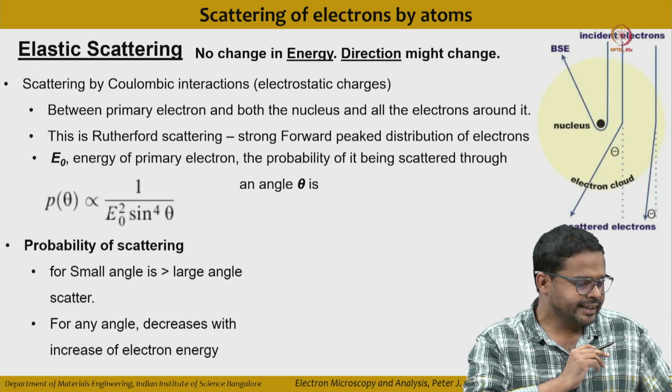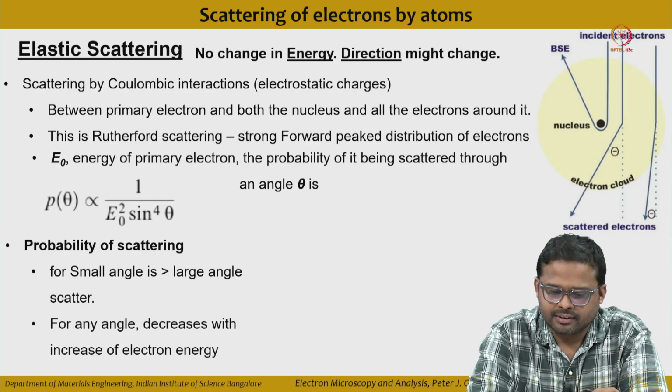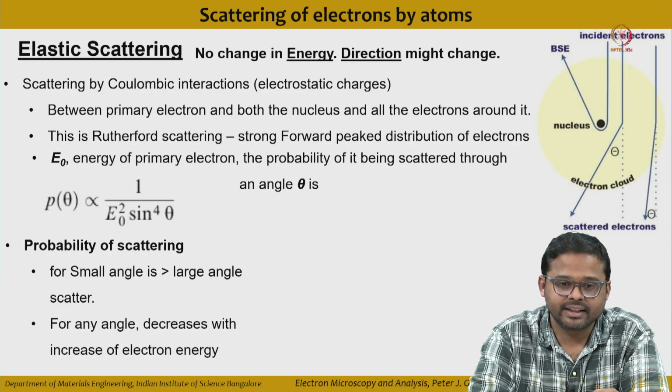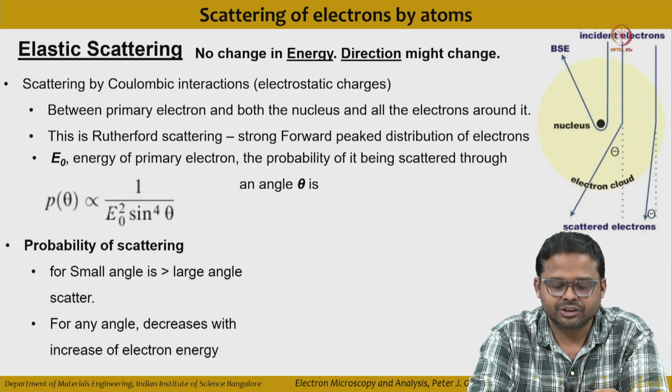Now, we will go into a little more detail on scattering. As I told you, when an electron interacts with the specimen, it is either elastically or inelastically scattered. First, we will talk about elastic scattering. Elastic scattering means that there is no change in the energy of the incoming electron after the scattering event.